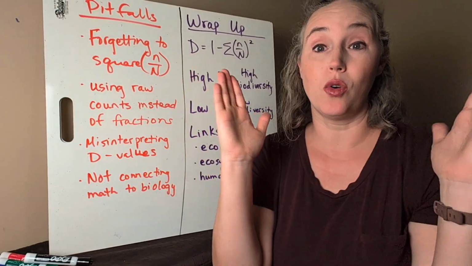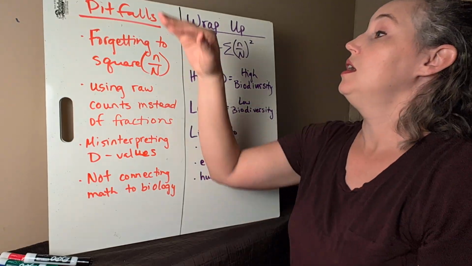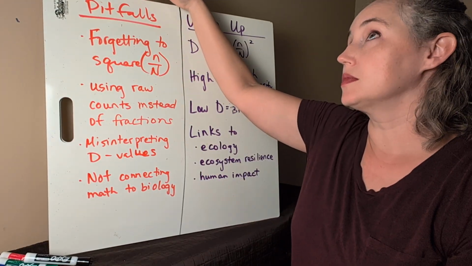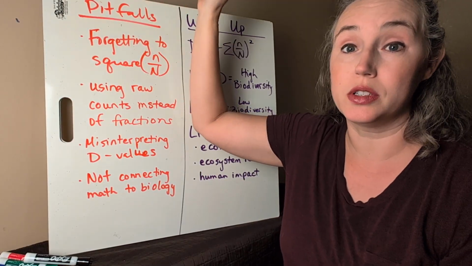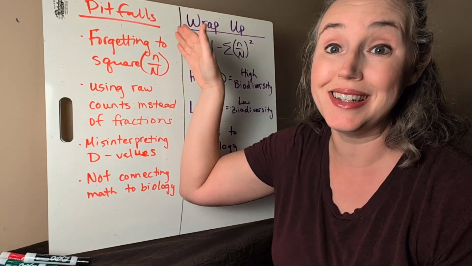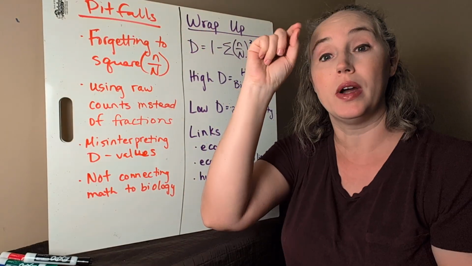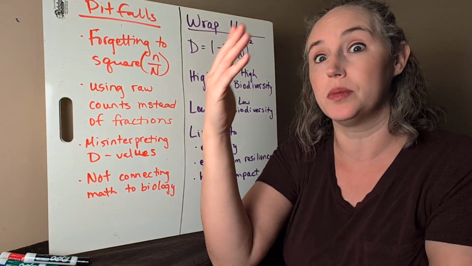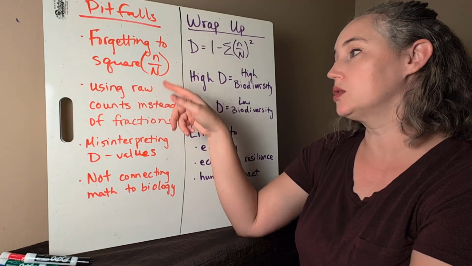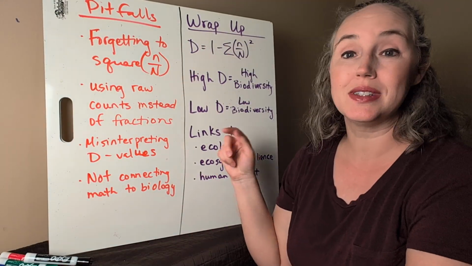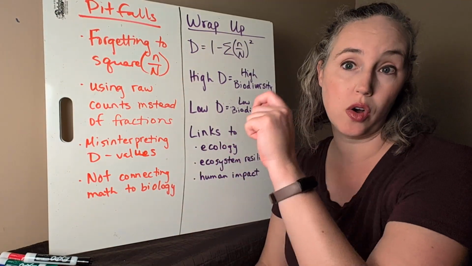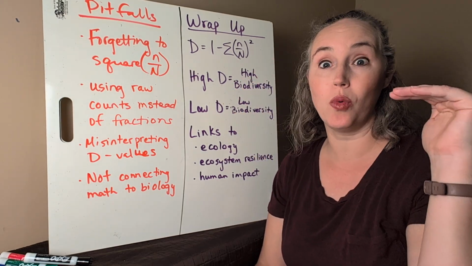All right, so common pitfalls. Common pitfalls with SDI, with Simpson's diversity index, include forgetting to square your value, right? You do your n over N and get your fraction, but then you forget to square. Don't forget to square. Using raw counts instead of fractions. So don't just stop at step 1, right?